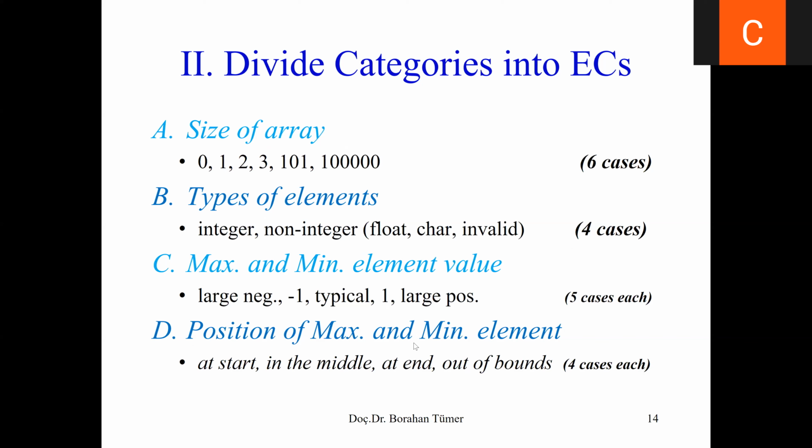I said position of max and min elements at start, something like 0, 1, something in the middle, something towards the end, and some number that will represent the equivalence class for out of bounds. Okay, so that makes also in position of max and min elements 4 cases each, and here 5 cases each, and 4 cases here, and 6 cases for the size of the array.